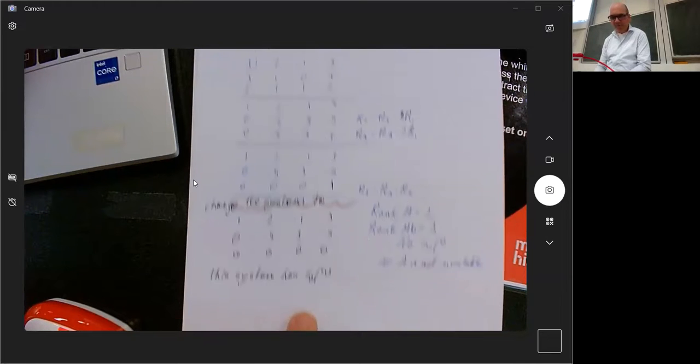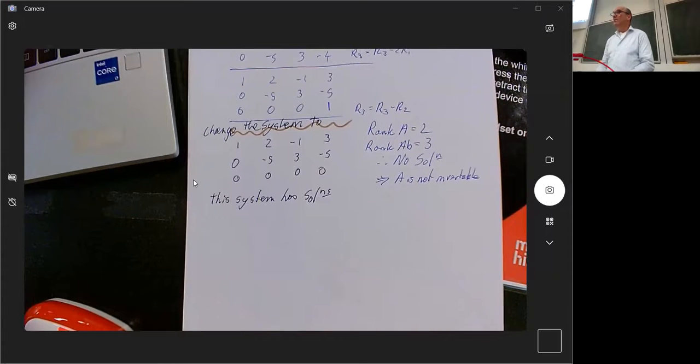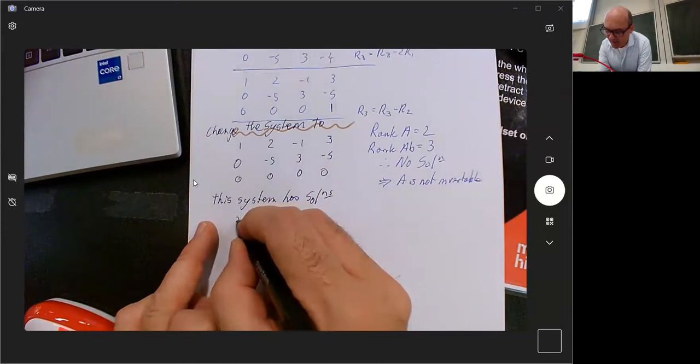Forgive my shorthand for solutions. If you teach mathematics for long enough, you cannot be bothered writing the word solutions in full. That's my official excuse. So let's convert back.